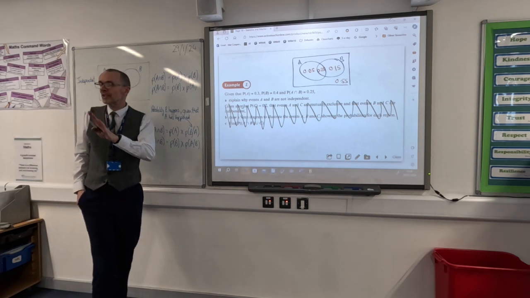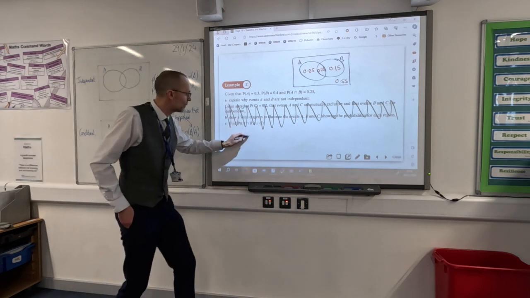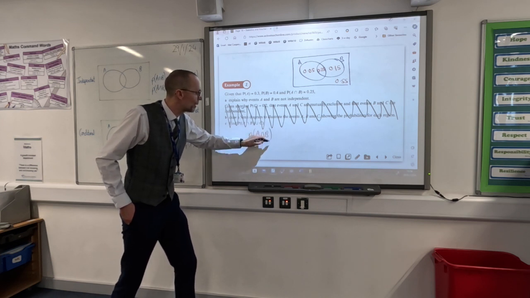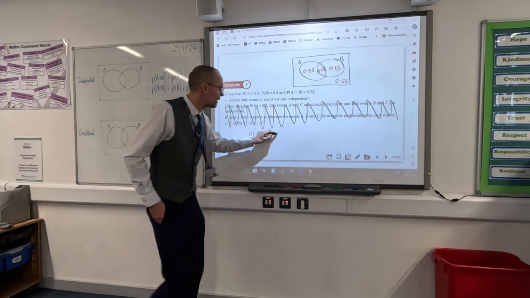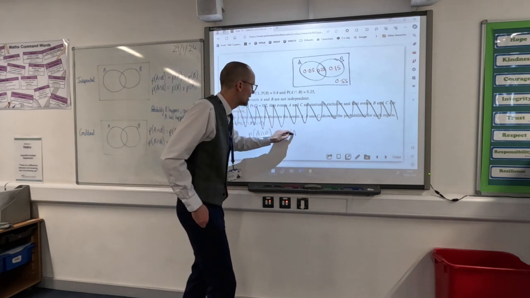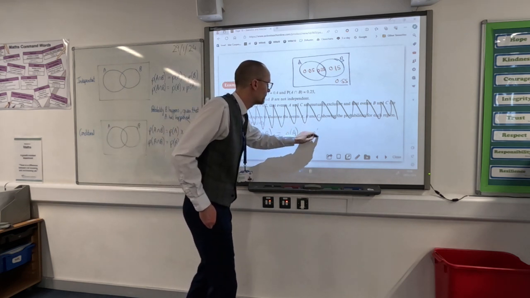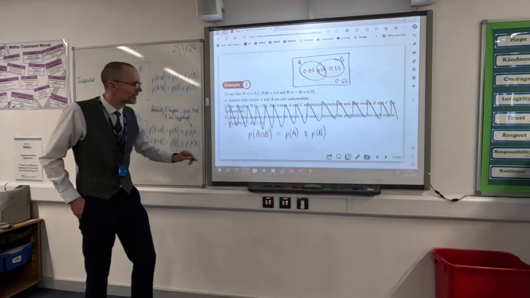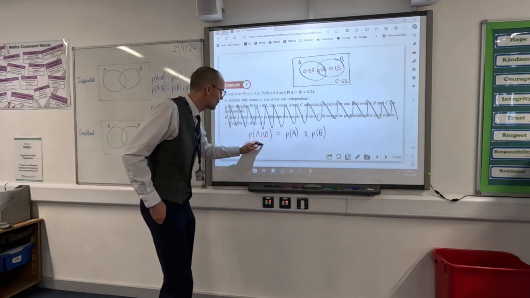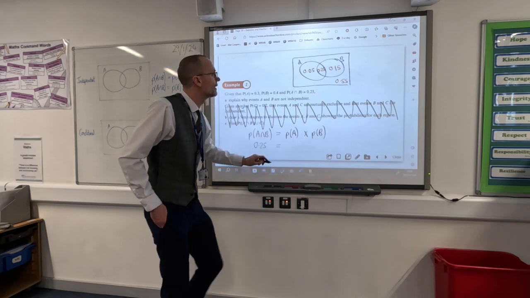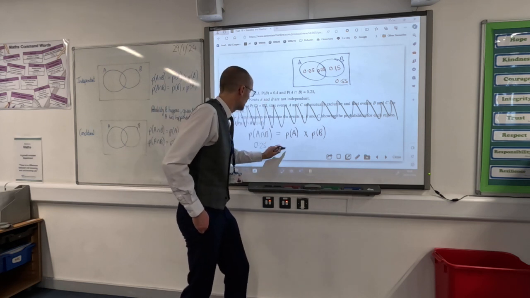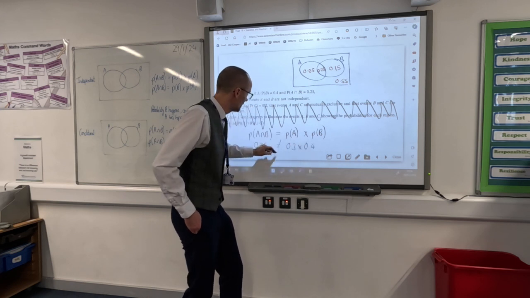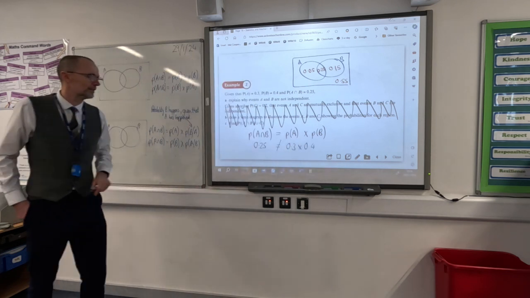If these 2 events were independent, the probability of the overlap, the probability that they both happen, would just be equal to the probability that A happens multiplied by the probability that B happens. In this case, 0.25 does not equal 0.4 times 0.3.